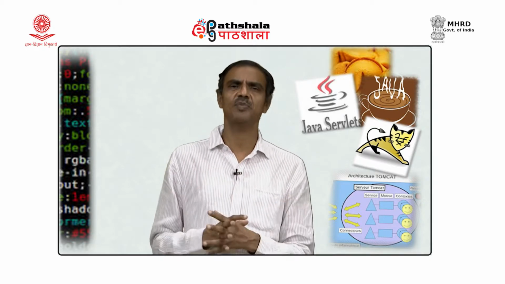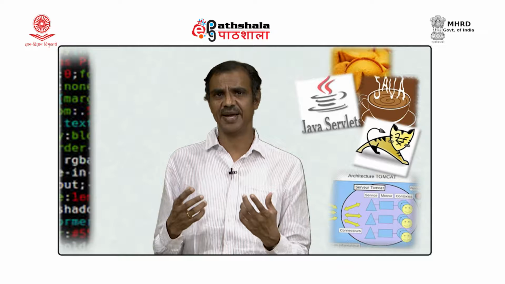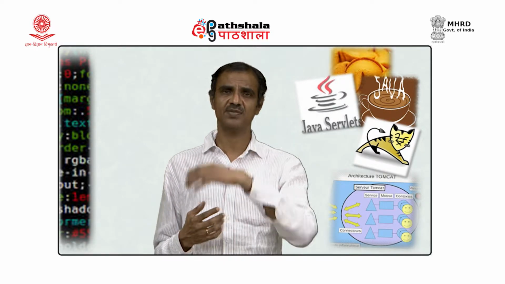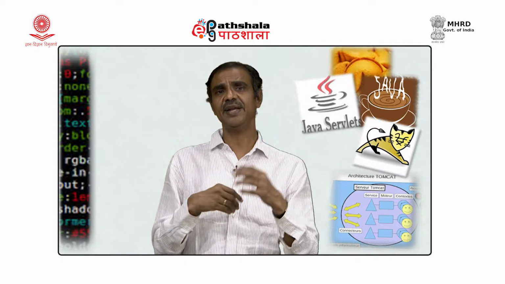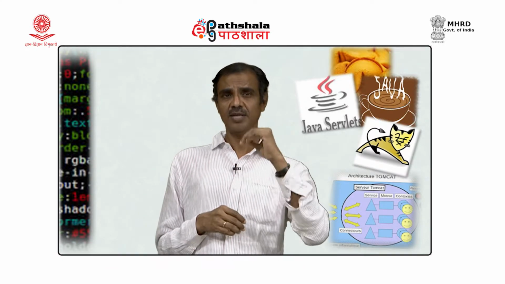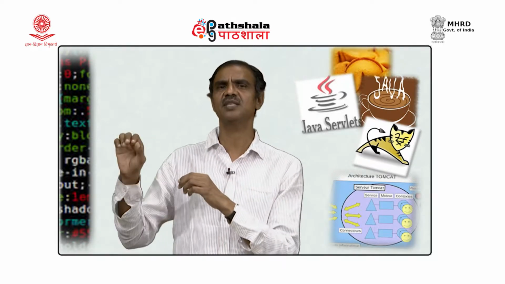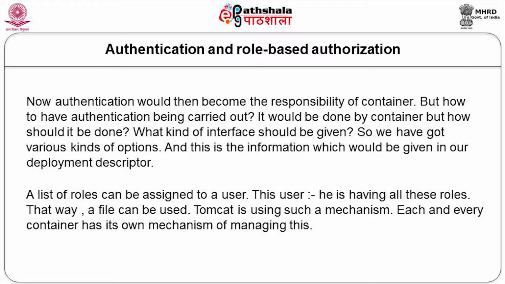You could update tomcat-users.xml to contain a list of valid roles, and then create entries for the users, where you say this user has this name, that is his password, and these are his roles. A list of roles can be assigned to a user. Tomcat uses such a mechanism, and each container would have its own mechanism of managing it.